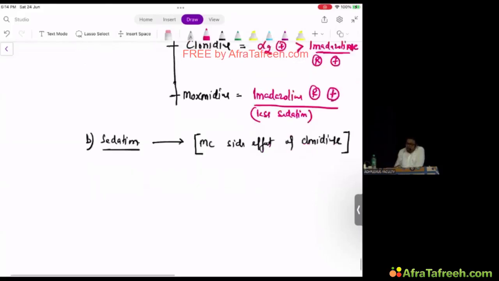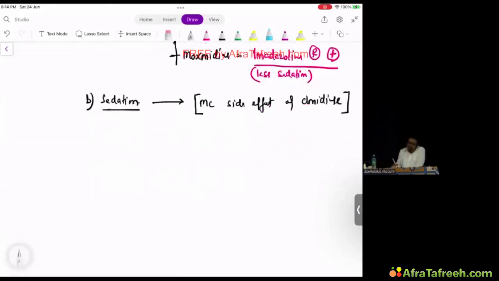Okay. Imagine a patient in ICU with already respiratory depression. The patient is already on ventilator.